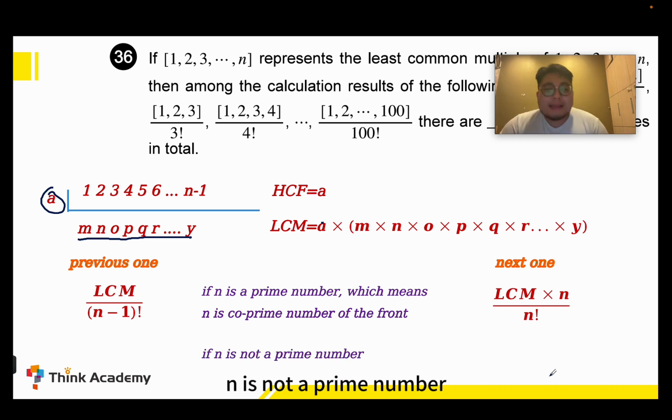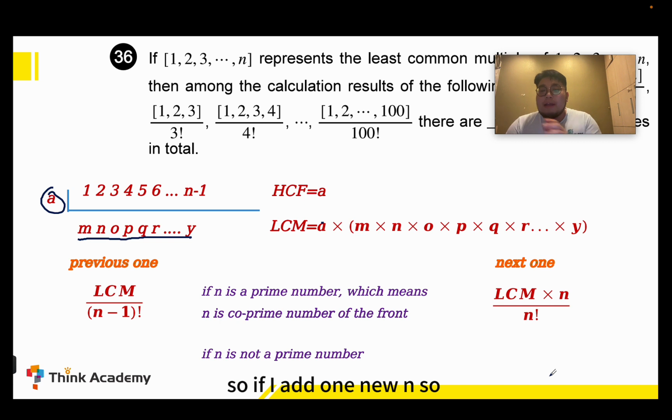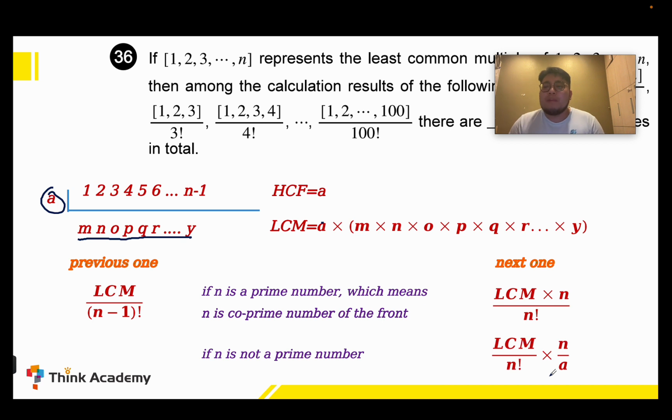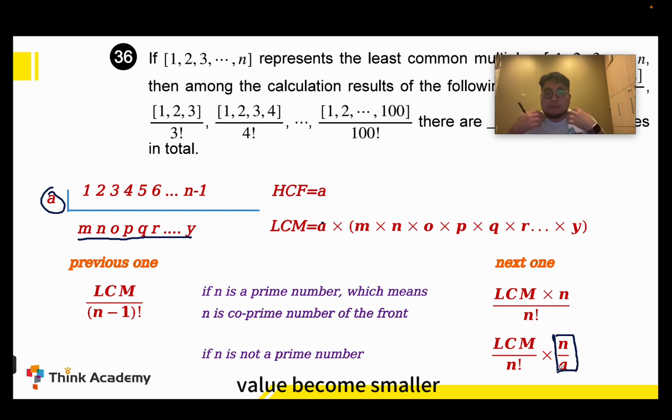If n is not a prime number, and I add one new n, the LCM will be multiplied by n over A, where A is the HCF. Because n is not co-prime with the others, the new n also has an HCF of A. So the new fraction value becomes LCM over n factorial times n divided by A. This part, of course, will make the value become smaller.